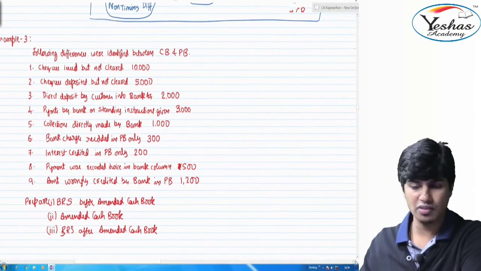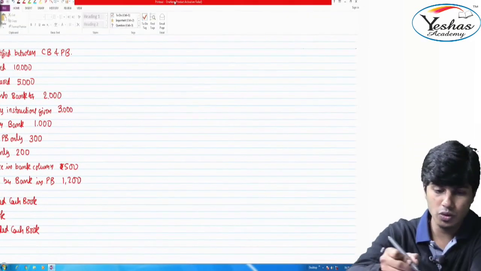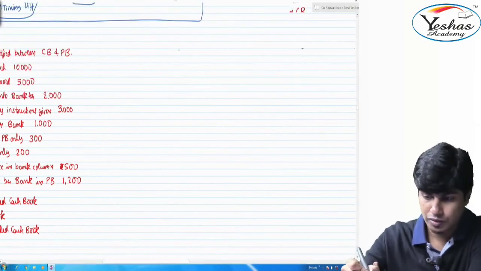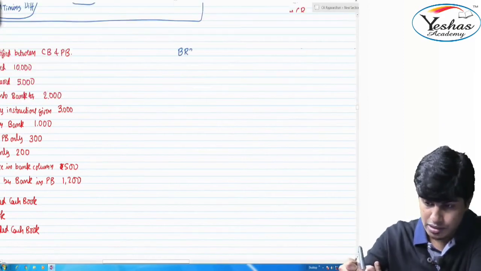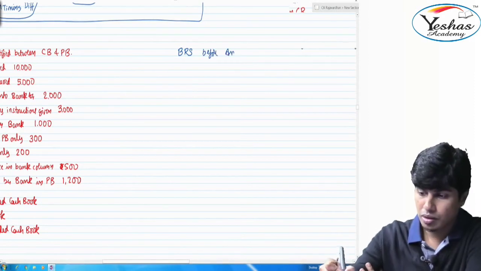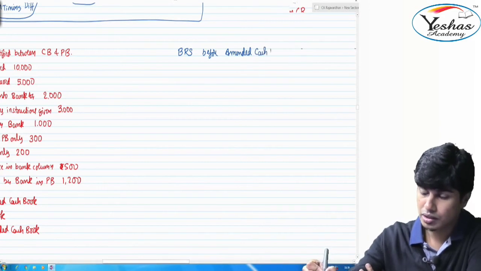So firstly, the first thing is simple. We need to do a proper BRS. I'll write here BRS before amended cash book, bank reconciliation statement before amended cash book.